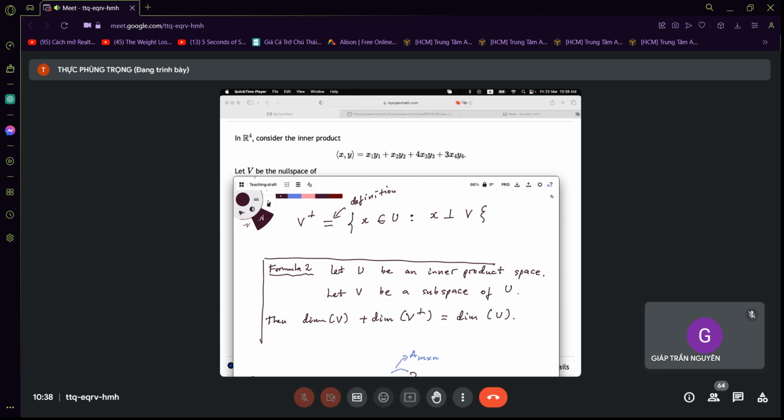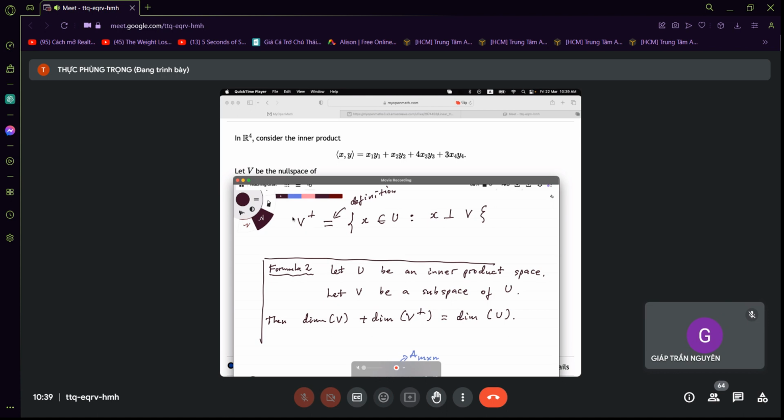When you say s is orthogonal to V, you probably want to say s is orthogonal to every vector in V, right? That's the definition. And the set of such s is defined as V orthogonal.